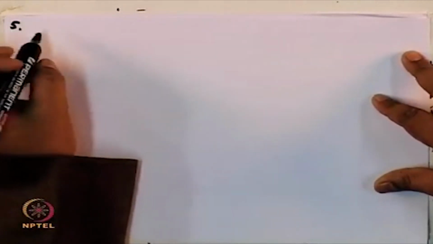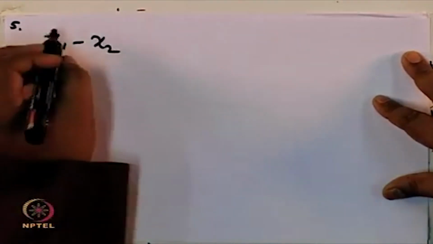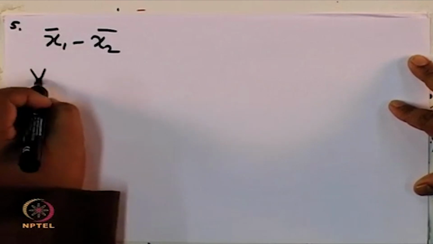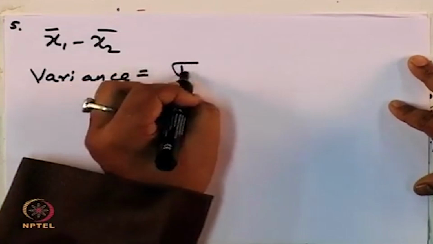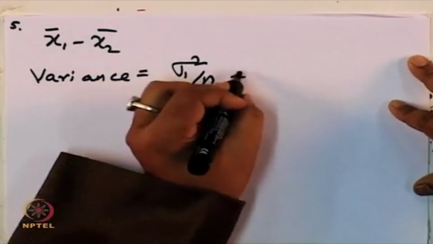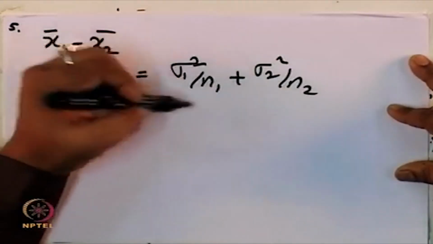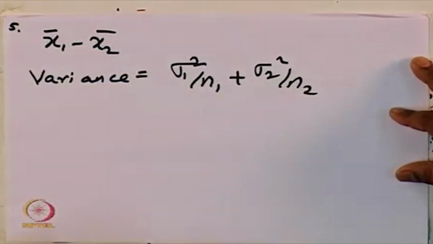And I can write the variance. If I define x1 bar minus x2 bar as a random variable, the variance will be given by the sum of the variances of the individual terms, which is sigma 1 square by n1 plus sigma 2 square by n2.